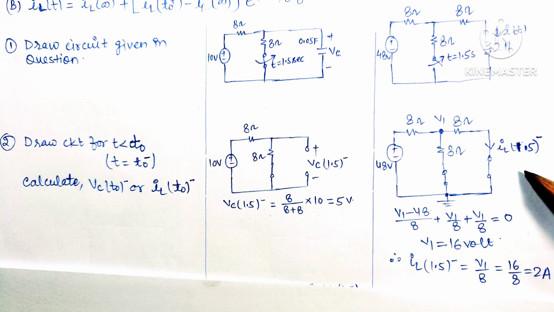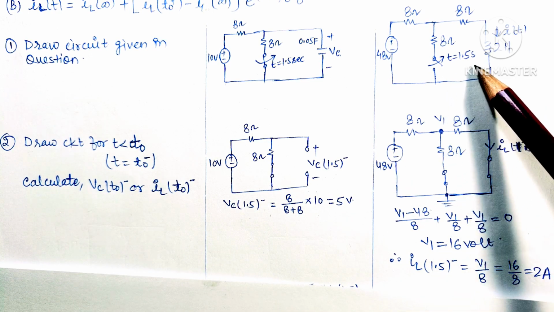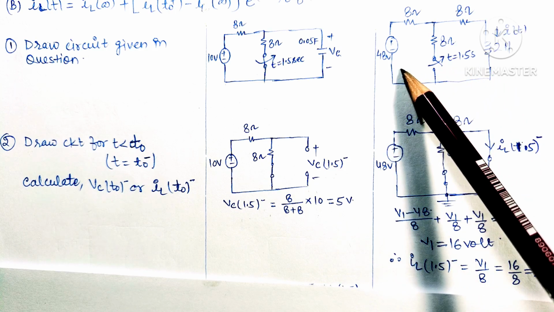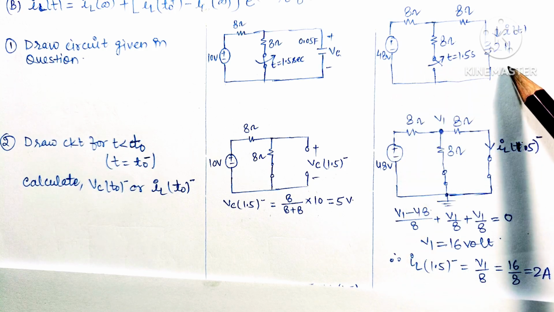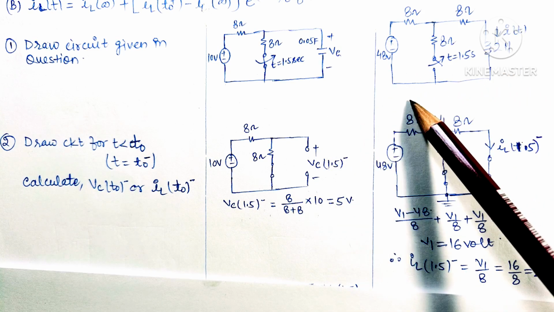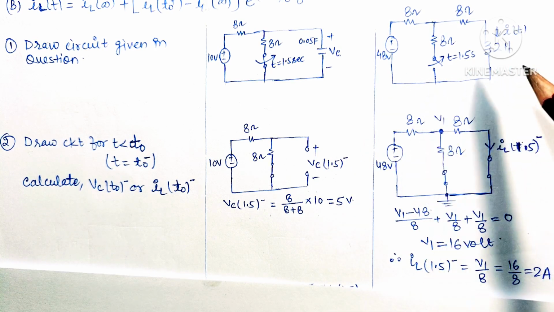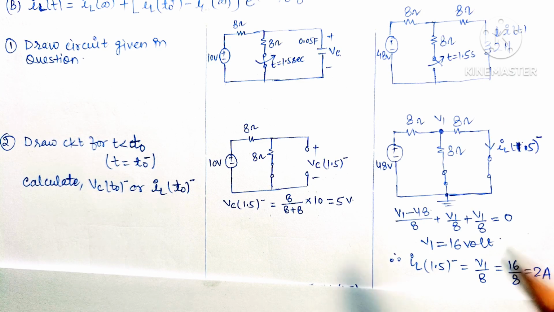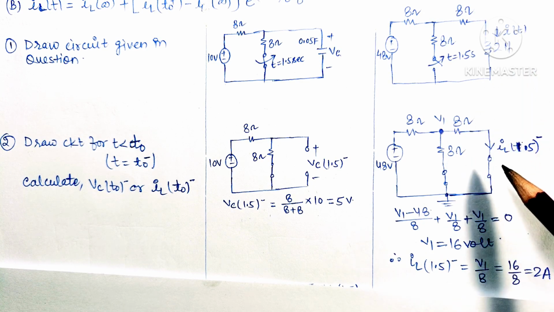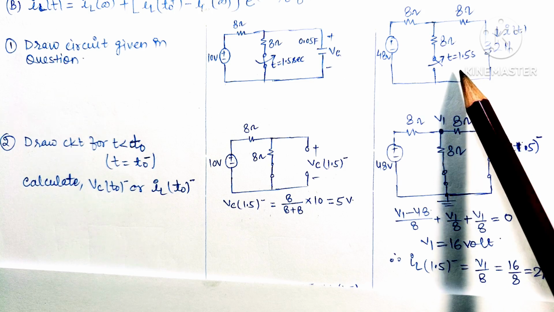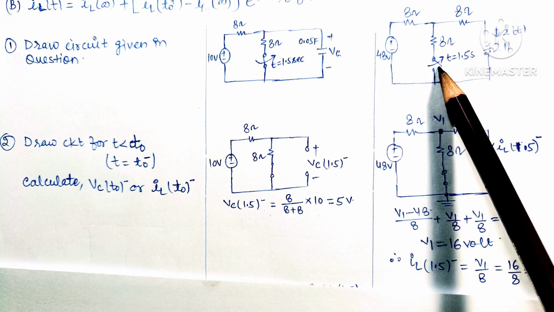Similarly, in this inductor circuit, the switch is opened at t is equal to 1.5 second. So this 48 volt source will provide supply to this inductor from minus infinity up to 1.5 second. So this inductor will also come into steady state, and we know that an inductor at steady state will be short circuited. So just before switching is going to happen, that is 1.5 minus second, this switch will be closed.